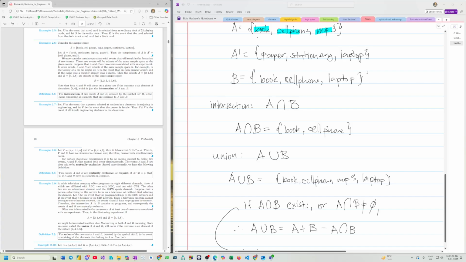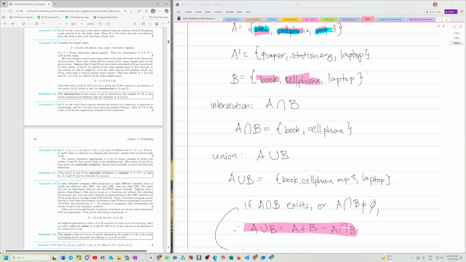When we say disjoint, they have nothing in common. However, they are not disjoint because they have book and cell phone in each of them, which is common to both. So if they are not disjoint, we use this formula for A and B.